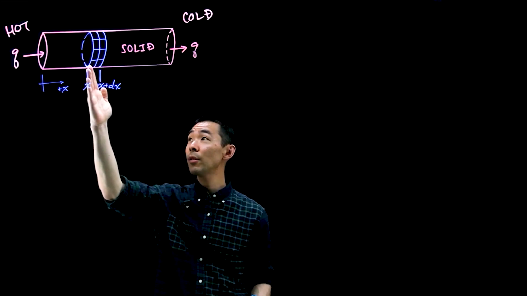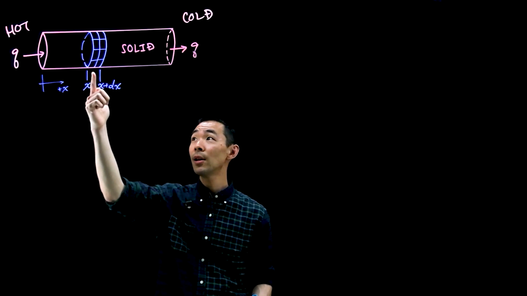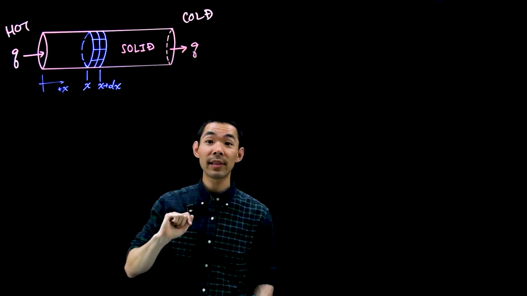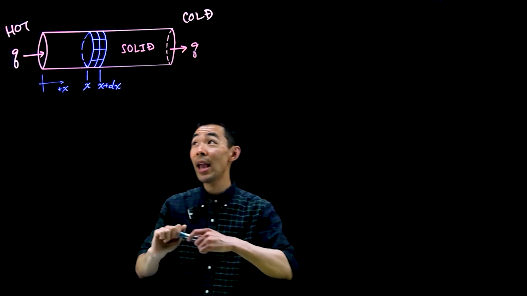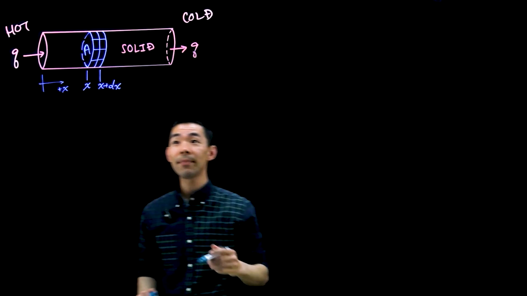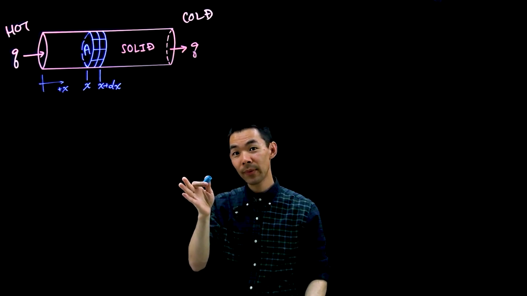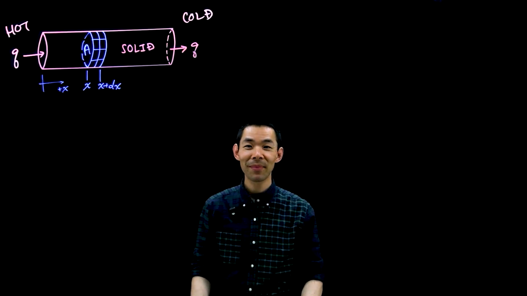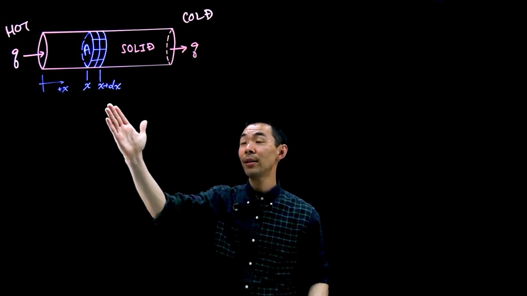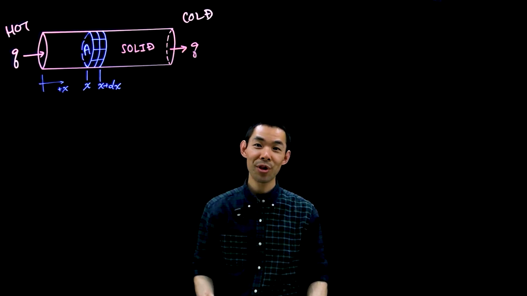So this position right here on the left has position x. Over here on the right is x plus dx. So this shell has a thin volume of the area, A, which is the cross-sectional area, times the thickness of the shell, dx. We'd like to do an energy balance inside this thin shell.